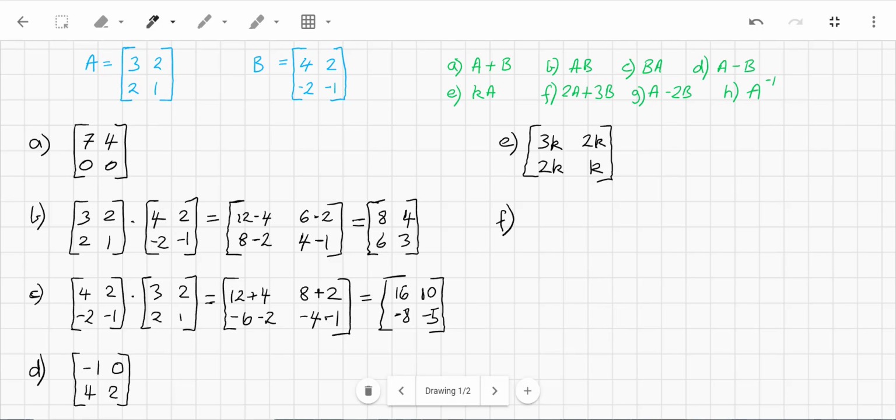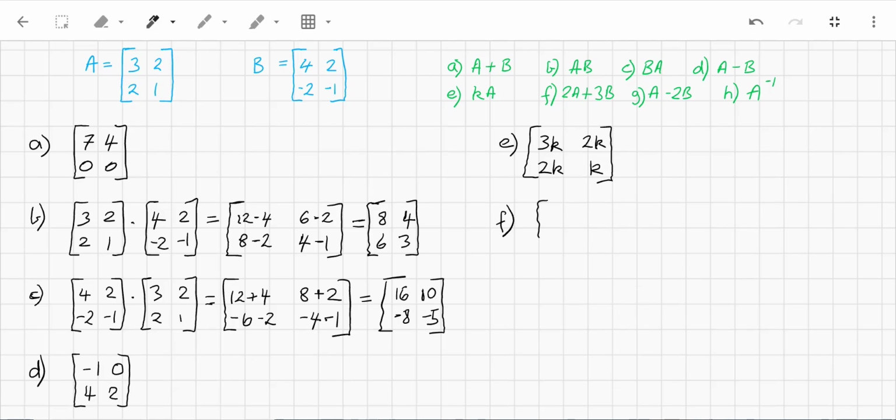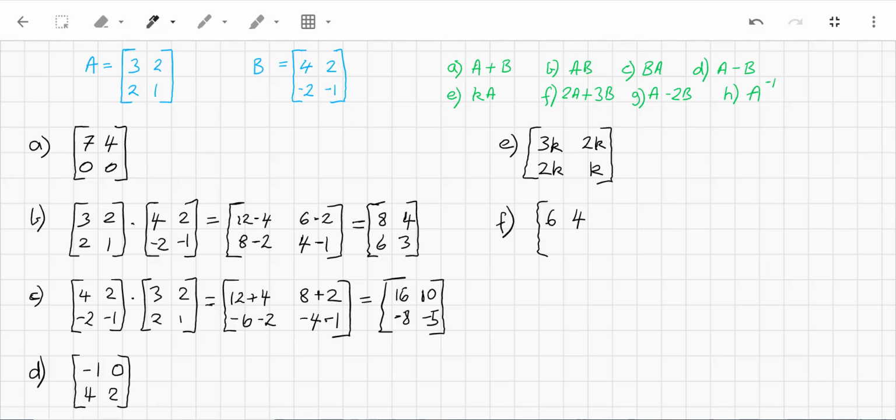Part F, 2A plus 3B. So I'm going to double the A matrix. 6, 4, 4, 2.